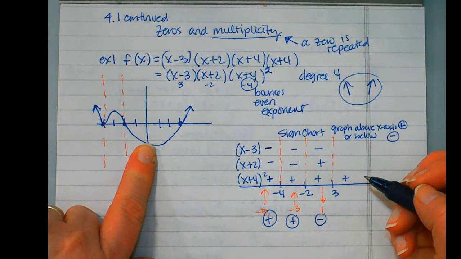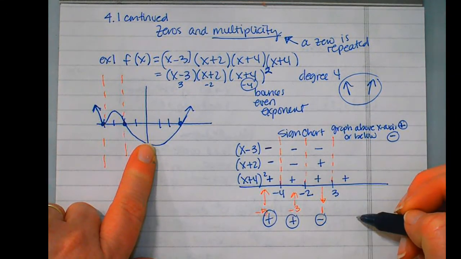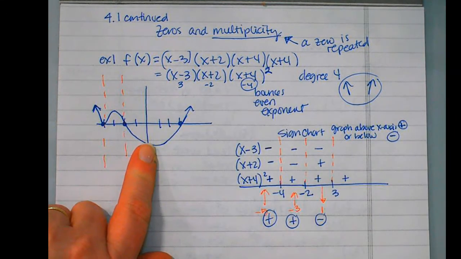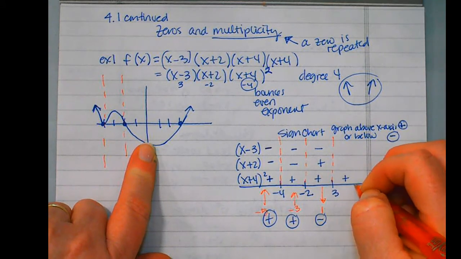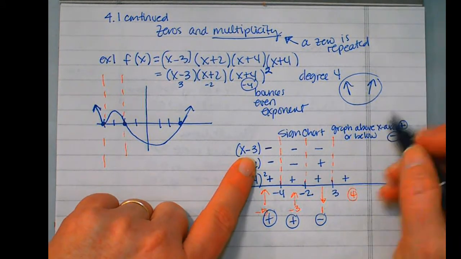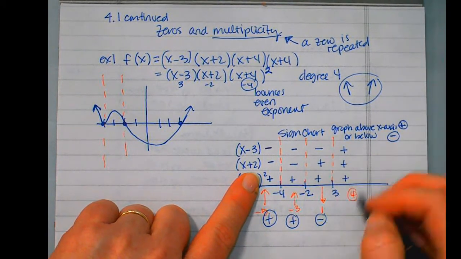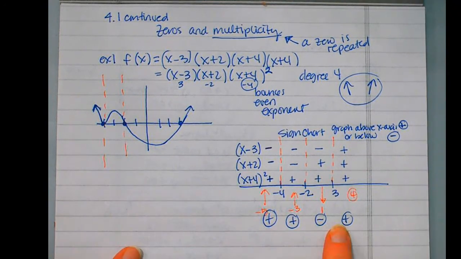Okay? Is the sign chart making a little bit of sense? Okay. And the last part is above the x-axis, we should get a positive value here. So if we pick a number bigger than 3, I'm going to pick 4 because that's easy. 4 minus 3 is 1, that's positive. 4 plus 2 is 6, that's positive, and I get positive. And so my sign chart matches my graph.